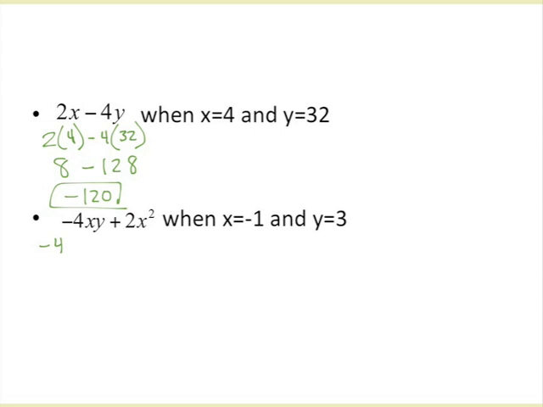For the next one, I want to plug in a -1 for x and a +3 for y. So order of operations, parentheses, but we don't have anything going on inside of the parentheses. All these parentheses just mean multiplication. So then exponents, so taking care of that exponent, what is -1 squared? 1. +1.